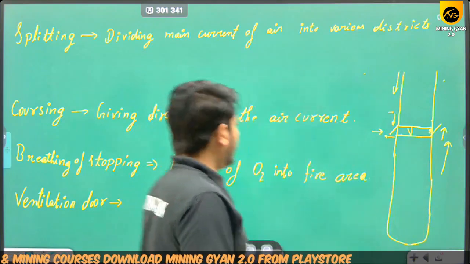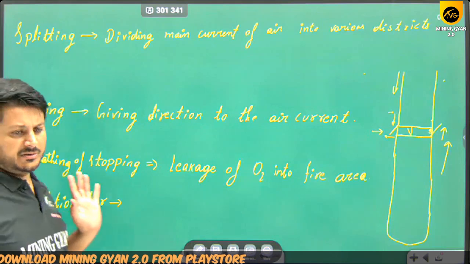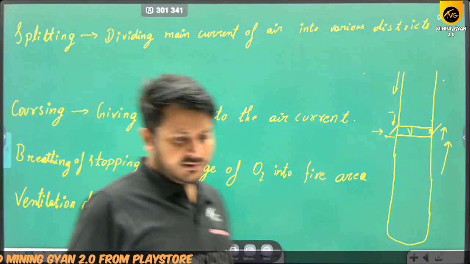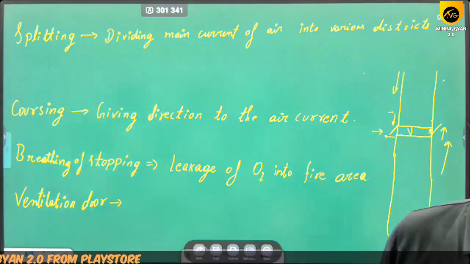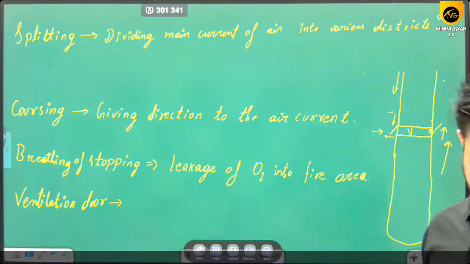Okay, now the next thing, ventilation door is over. Now air crossing, as demanded by Naresh Kumar. What is air crossing?